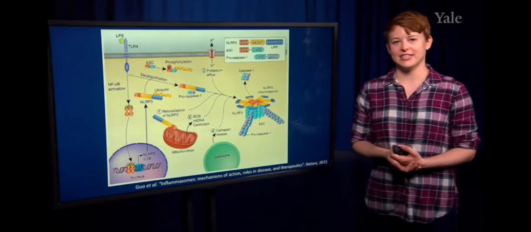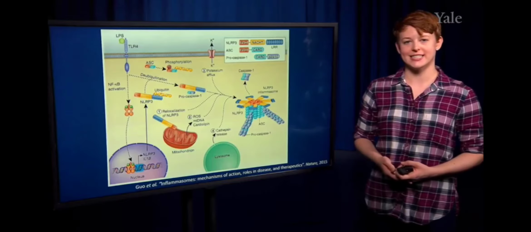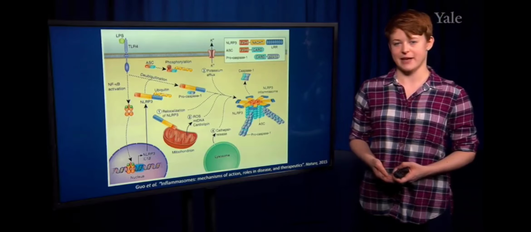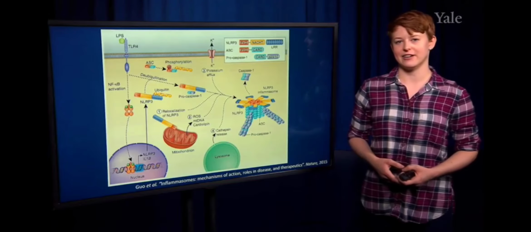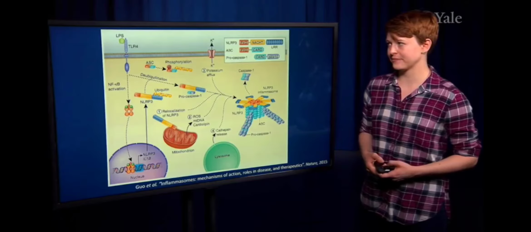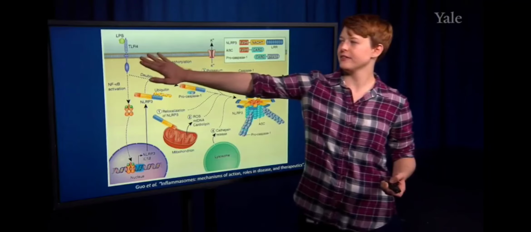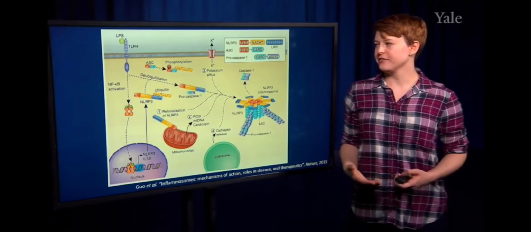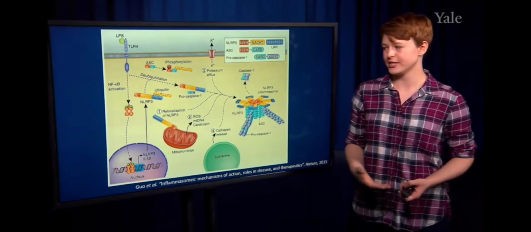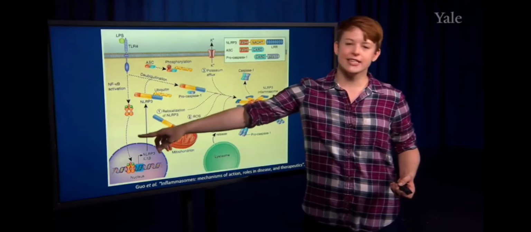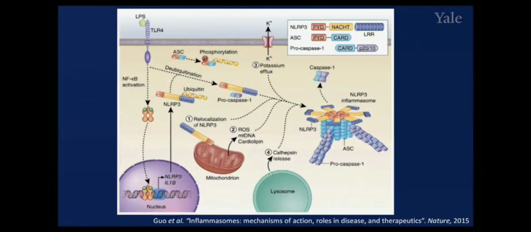So now we have an example here. You don't need to memorize the details of this activation pathway, but I just wanted to point out a few aspects of it. So here we have the induction through TLR4 of inflammation, which can proceed through the NF-kappa B pathway to induce the transcription and translation of various inflammatory genes.